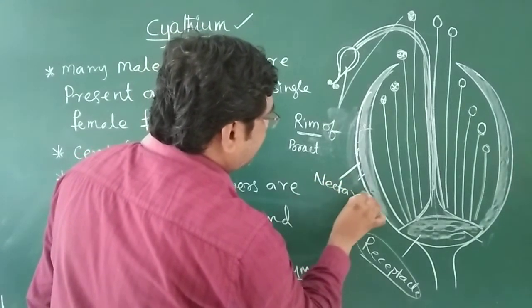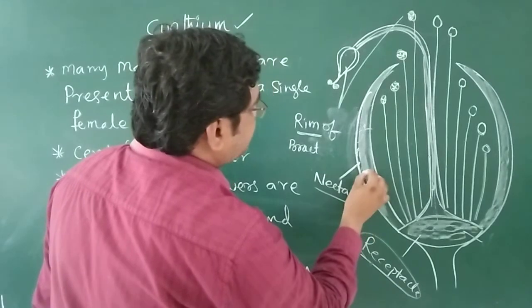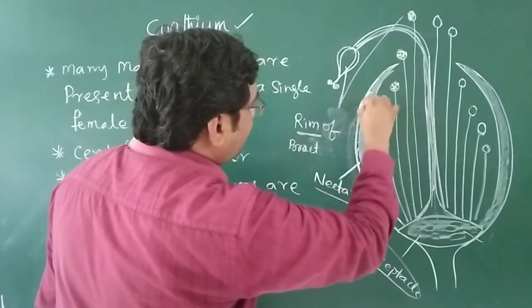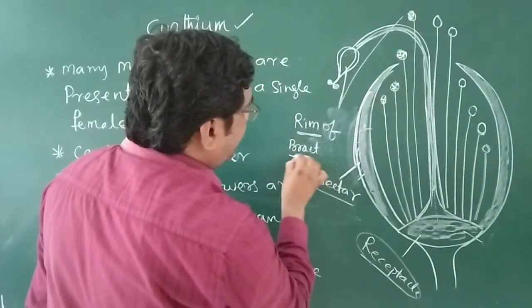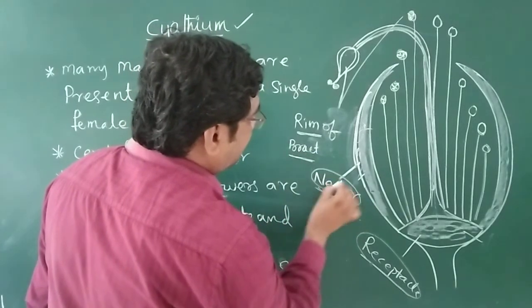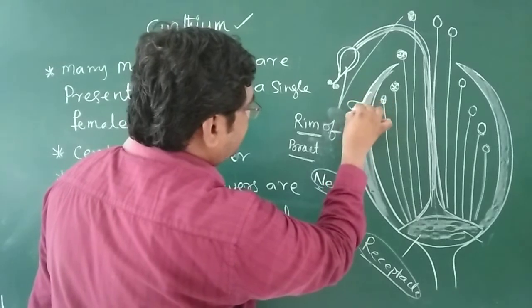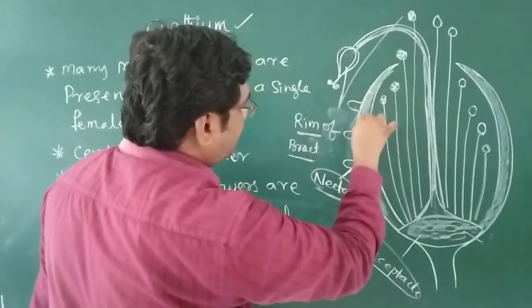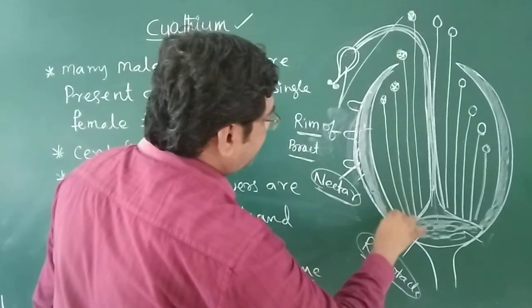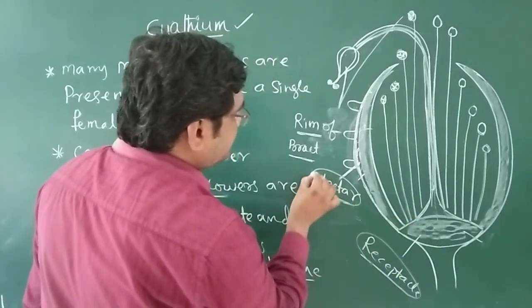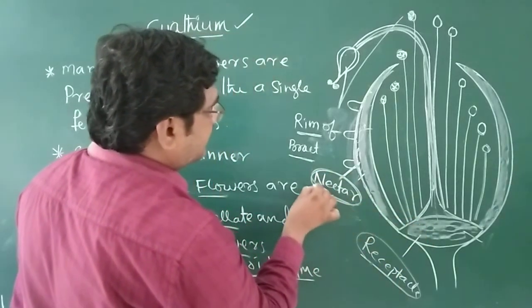Nectar secreting glands are present on the rim of the involucre bract. So these are nectar glands. Like this, on the surface of the involucre bract, you will observe nectar secreting glands.